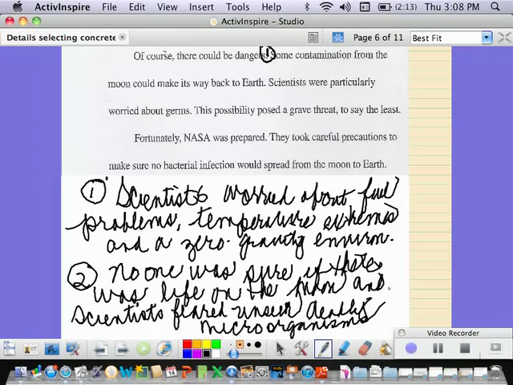Some contamination from the moon could make its way back to Earth. I'm getting rid of this. I don't need it. This possibility, I need to add something here as well, I think. I'm going to put it over here.